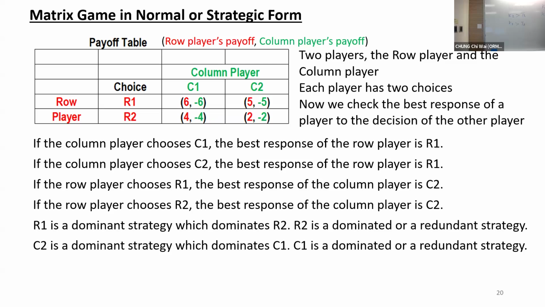Now we can check using the two-stage method. The first stage: check the best response of a player to the decision made by the other. If the column player chooses C1, the row player can choose R1 or R2.